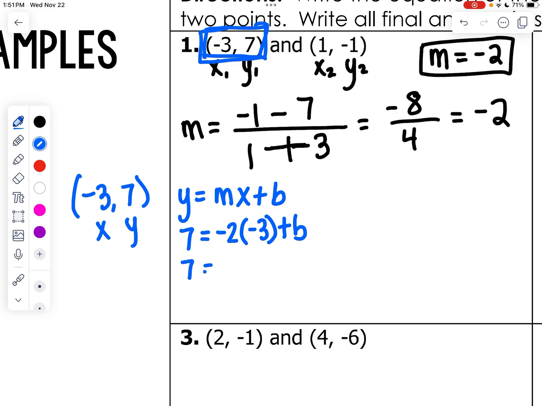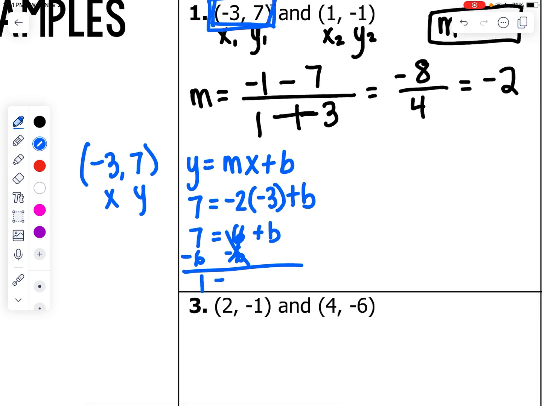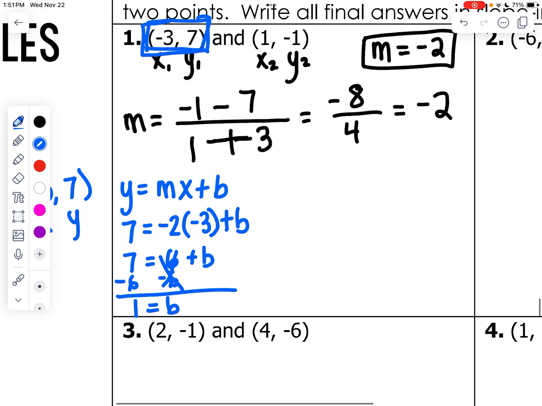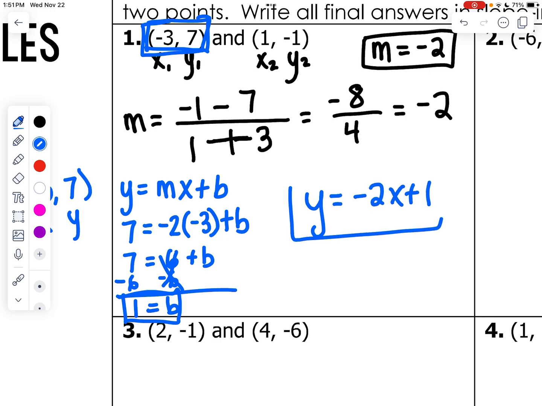So 7 equals -2 times -3 is a +6. And then we subtract 6 from both sides. So 1 equals b. And we can write our new equation. We have b equals 1, and we have m equals -2. So y equals -2x plus 1, mx plus b.